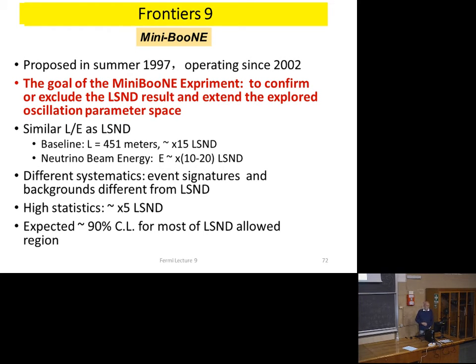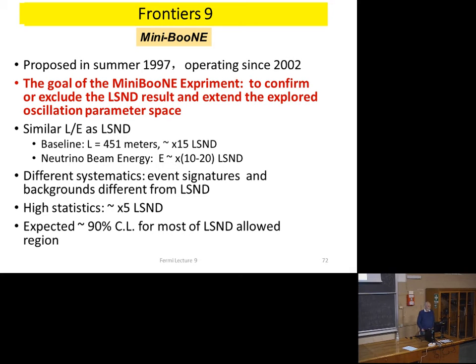That experiment was meant to either confirm or to reject what was done at Los Alamos. It was similar sensitivity to what the mass differences are that were seen in that experiment. So it was designed specifically to look for this effect at that mass difference and optimized for that. It has different systematics from the different technique, different systematics from what was done at Los Alamos.